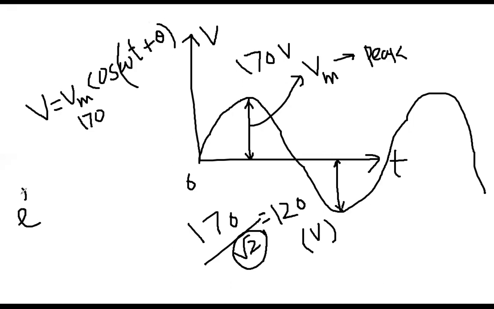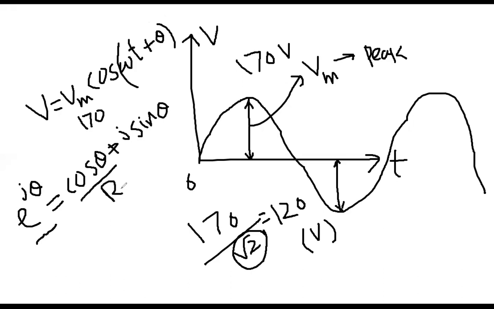You know that e to the power j theta means cosine theta plus j sine theta. So when it is e to the power j theta, it has two components. This is the real component, and then plus j sine theta is the imaginary component. Everybody, can you remember this?